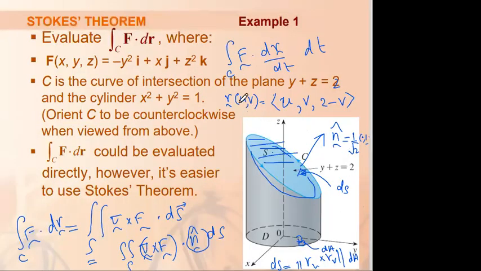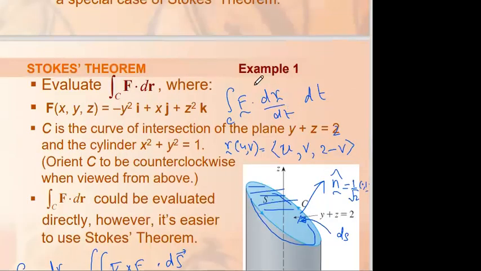So find the partial with respect to u: r_u is (1, 0, 0). r_v with respect to v is (0, 1, -1).